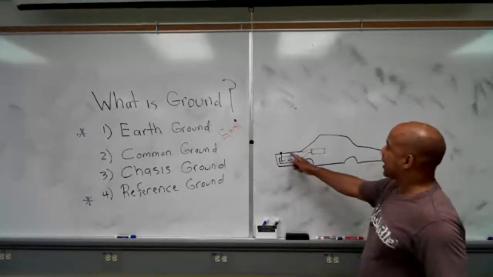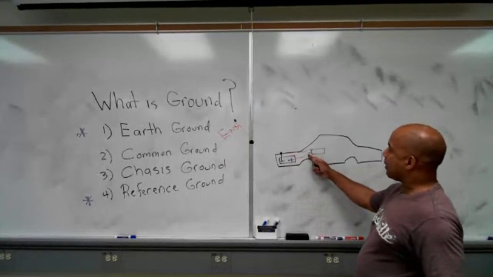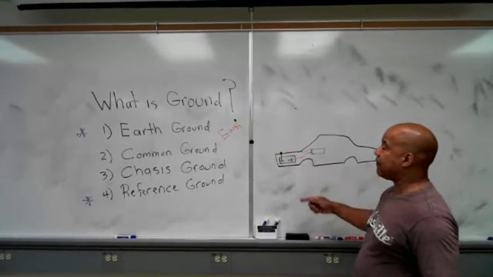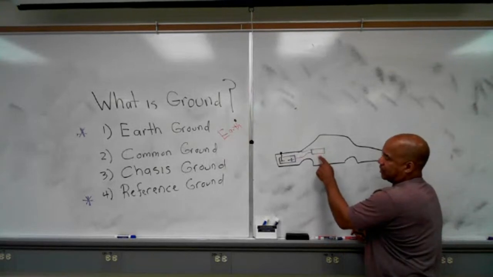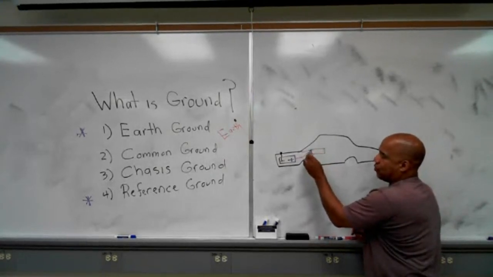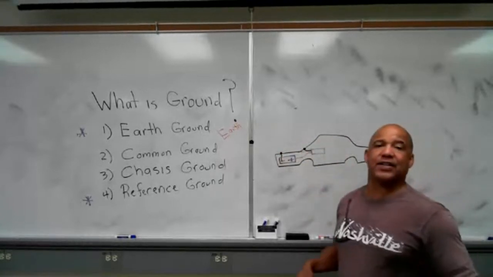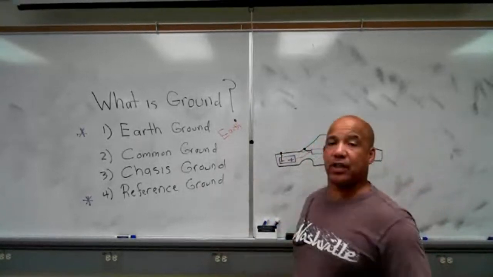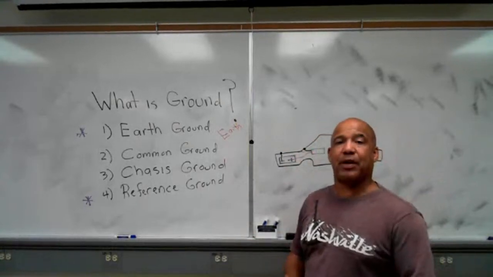And since that's tied to the chassis, now all I got to do is run one long wire to the battery, the positive, and the way this is going to get the negative connection is just to take a short wire and tie it to the body of the car. We're actually using the car itself as a conductor, and we call that chassis ground. The chassis of the car acts as a common conductor.